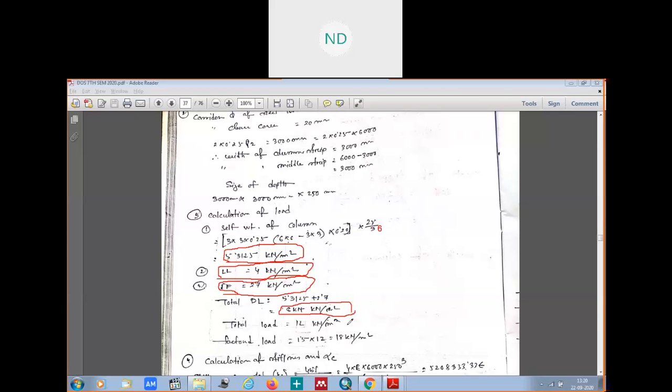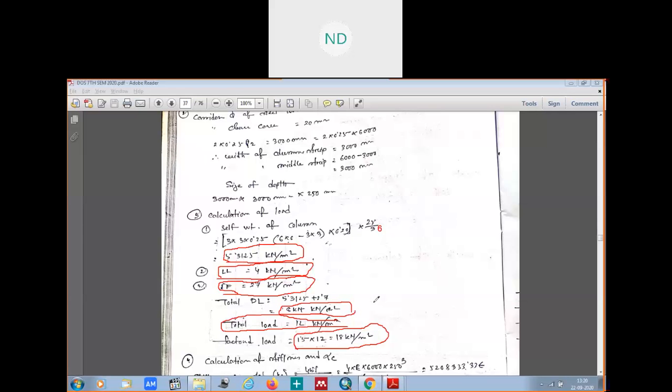All this together will give you how much? 12 kilonewton per meter square. So the factored load will be how much? 1.5 into 12, which will be 18 kilonewton per meter square. So this was your calculation of the loads.